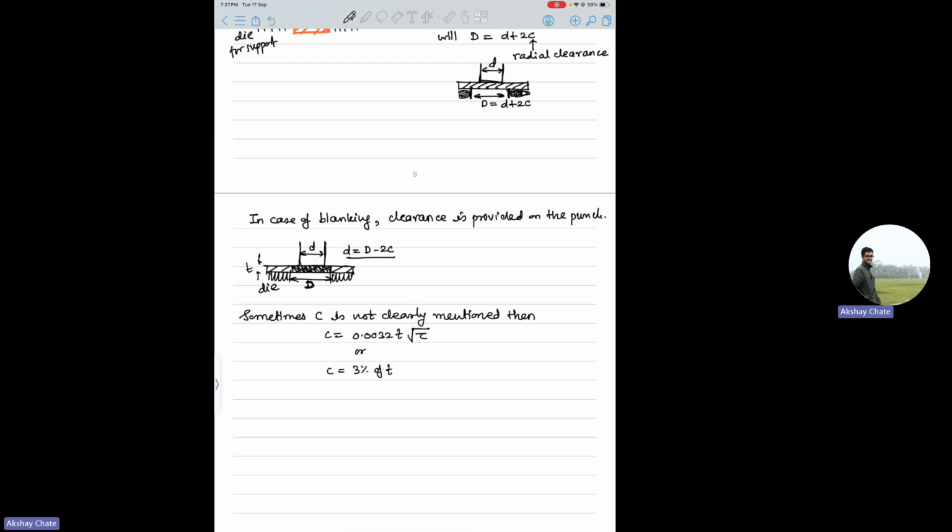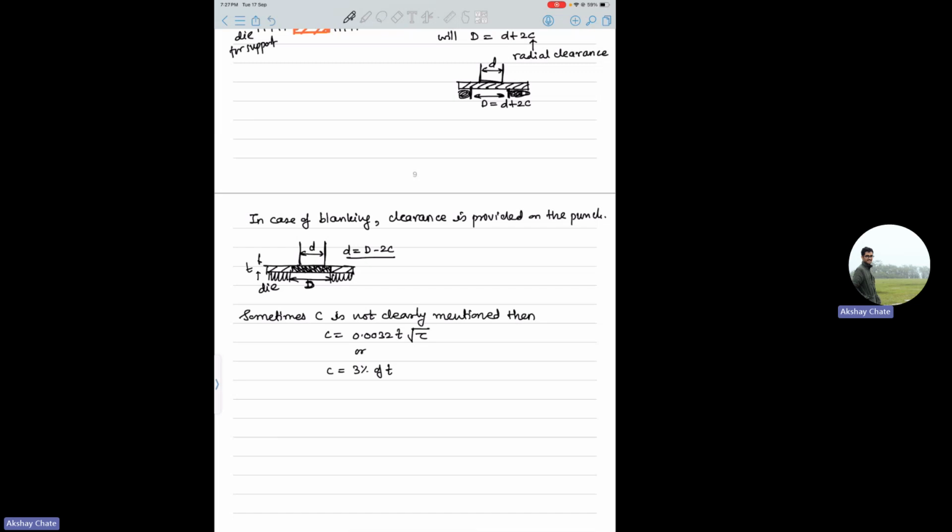Mostly it will be given in the question, but if not, then you can assume this way. And then typically you don't go all the way. So if you want to punch a thickness T, you don't traverse with the punch the whole way, because you are spending energy for punching.